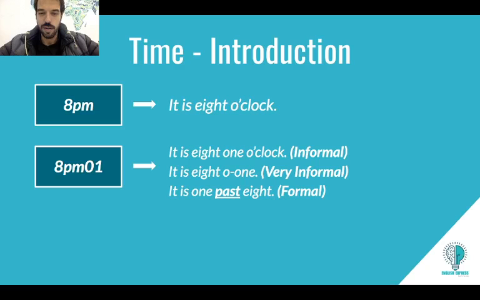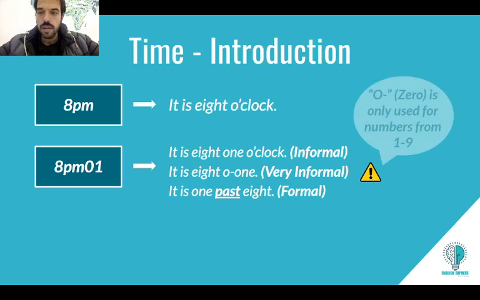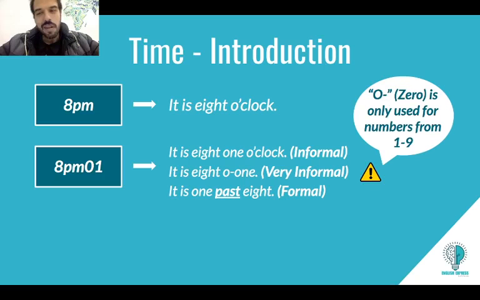Okay? There is one curiosity here. Okay? It is 8:01. This very informal situation, it's a very specific case, okay? This O represents the number 0, okay? So they're putting it as an O, which is the letter O, right?